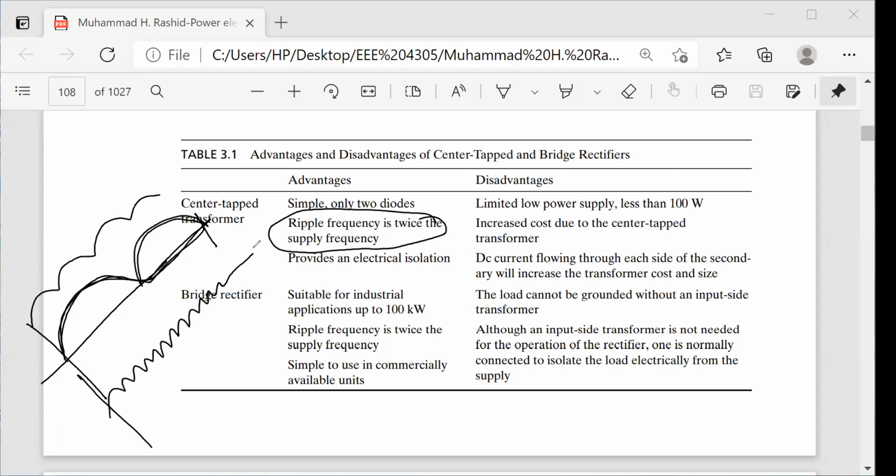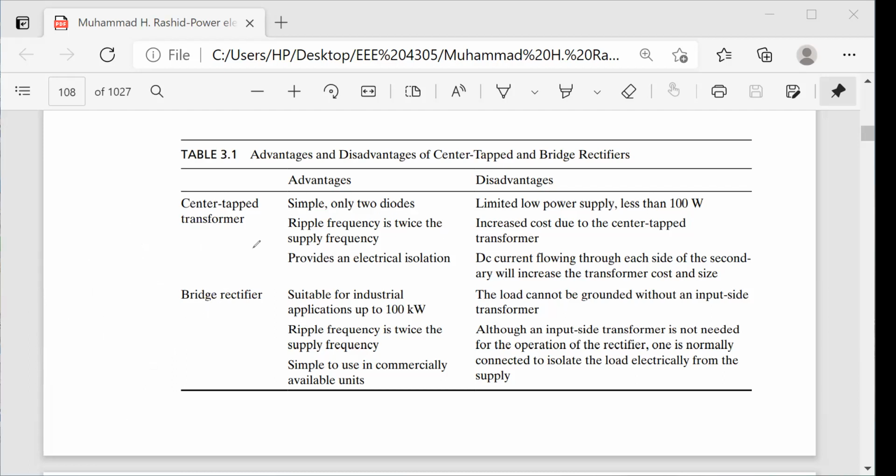You understand what I say? Yes, sir. In that sense, you can say double frequency is an advantage rather than the single frequency we got for the half wave. Okay, sir, I understand. Actually, I am also not very convinced why they have put it like this.